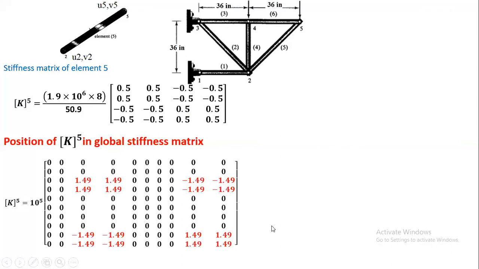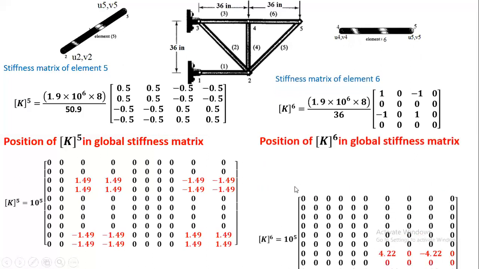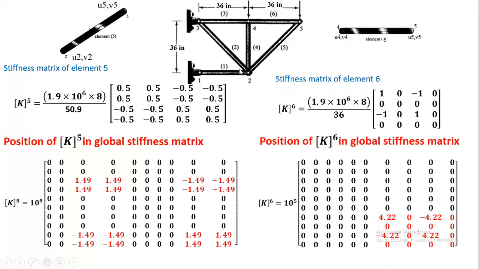Okay, next this is for 5 and this is for 6. For 6 you will get 4 and 5, that is the 7th, 8th, 9th and 10th degrees of freedom.